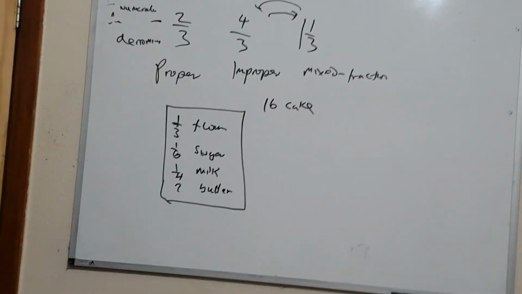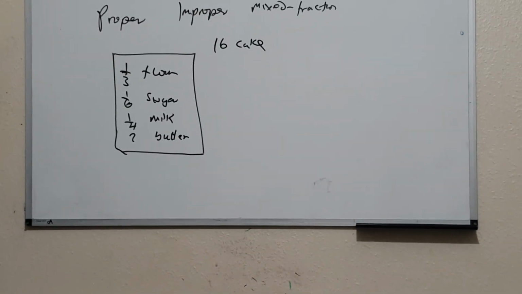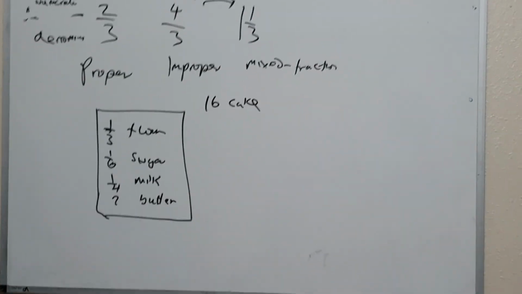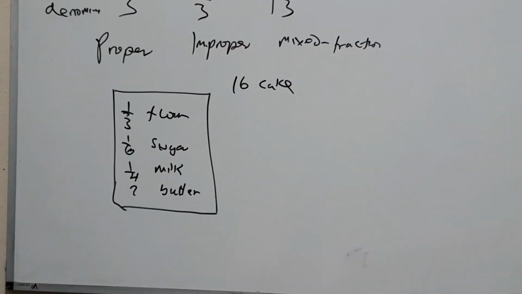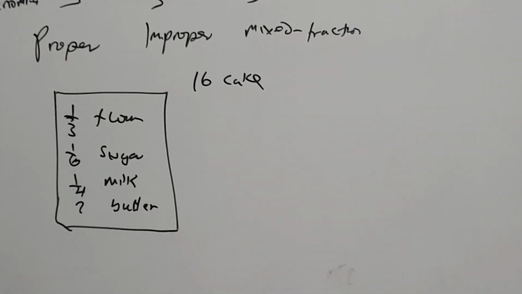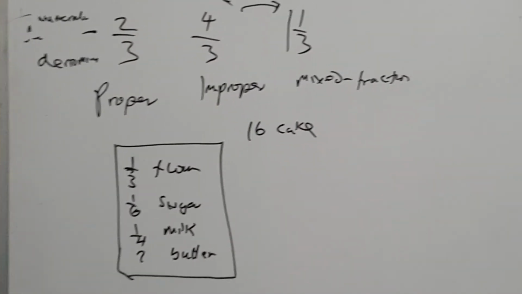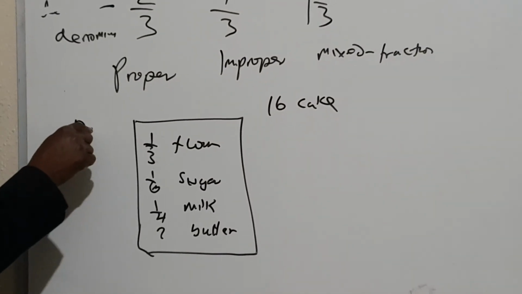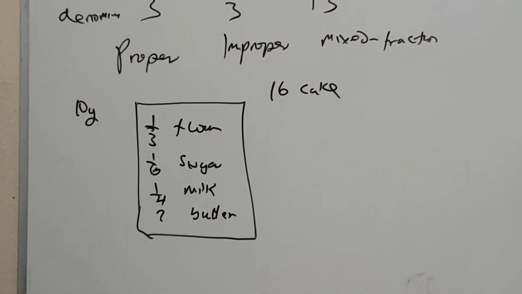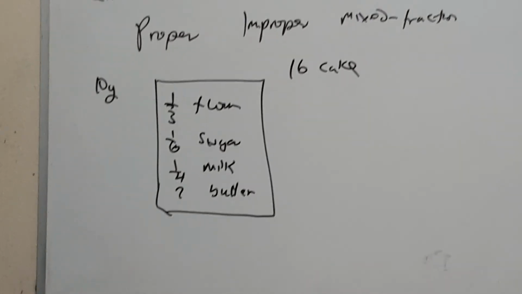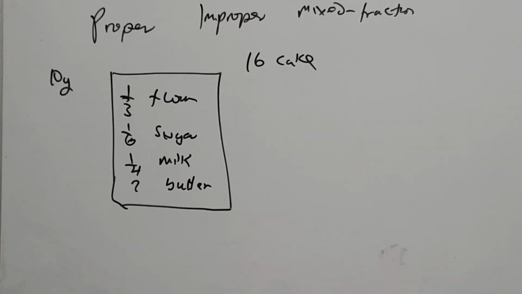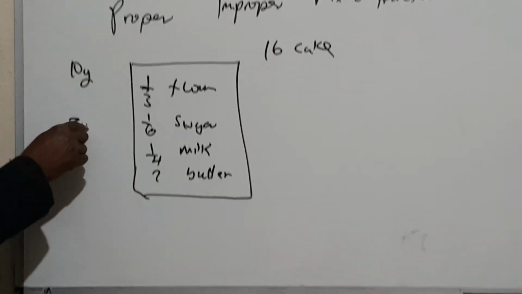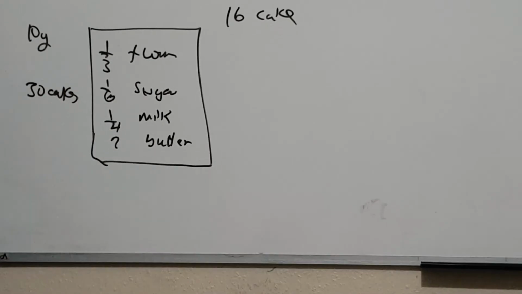So, to make 16 cakes, that's what you need. Okay? Imagine we have 10 grams of flour. What do we need? Egg. How many eggs do we need? Or if you want to make 30 cakes, what do we need of all these things?